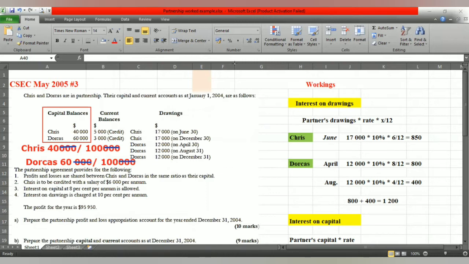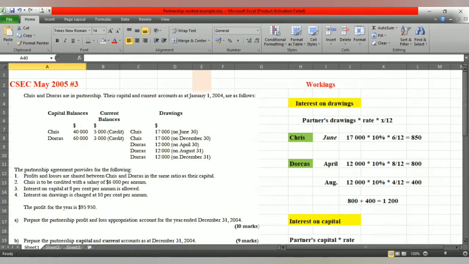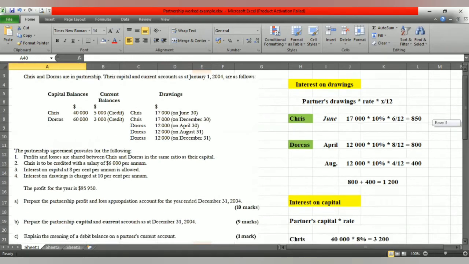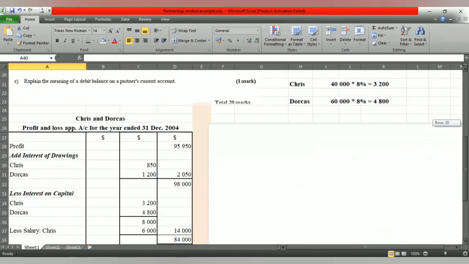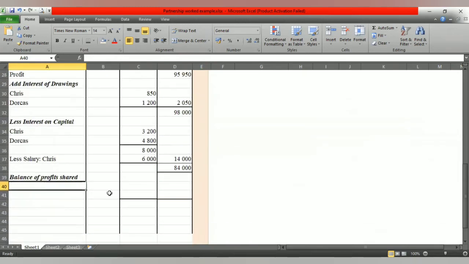You could simplify it lower, but I'm just going to work with the 40% and the 60% in doing the workings. So remember, in sharing the profits and losses in the same proportion as capital, it is the partner's capital divided by total capital times the value of the profit that you are sharing.